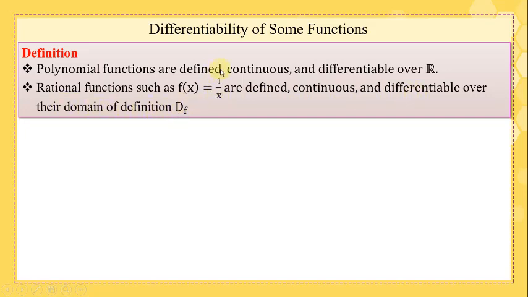In this case, 1 over x is not defined, neither continuous nor differentiable at x equals 0, because 1 over x is different from 0 here.